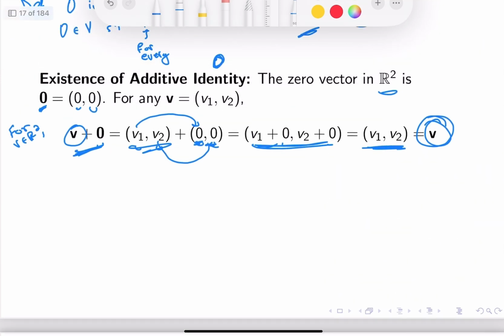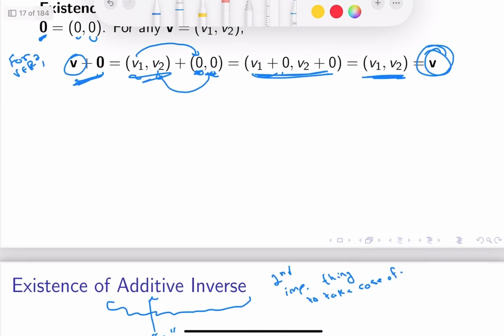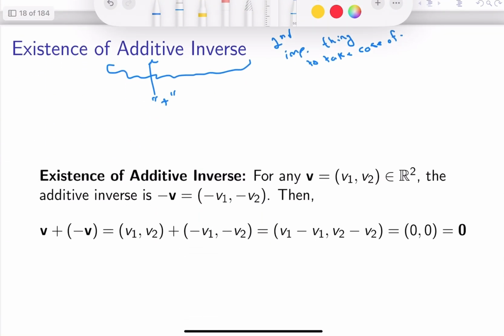By additive identity, we mean we want an element which does nothing when we apply the plus to it and to another vector. So by additive inverse, we mean we need some sort of inverse operation to the operation plus.